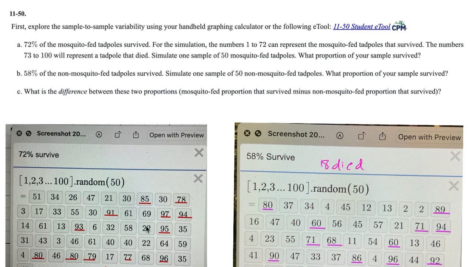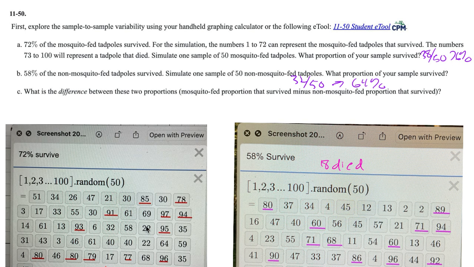If 12 out of 50 died, that means 38 out of 50 survived, which is about 76%. Same thing with my 58%. This time I had 18 that died, so 32 out of 50 survived, which means 64%.